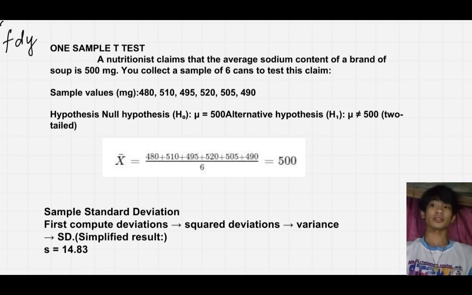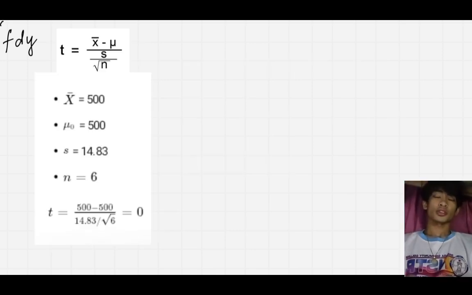For the sample standard deviation, first compute the deviations, next square the deviations, next find the variance, and lastly find the standard deviation. After computing, the simplified result is s equal to 14.83. Now let's substitute our given data into the formula. The mean is equal to 500, mu is also 500, s is equal to 14.83 and n is equal to 6.